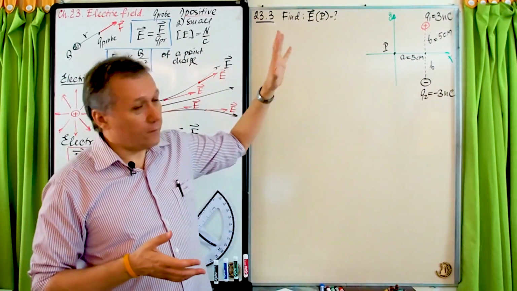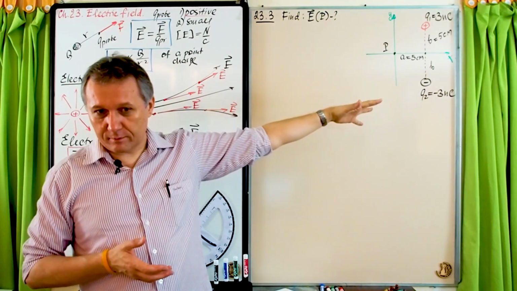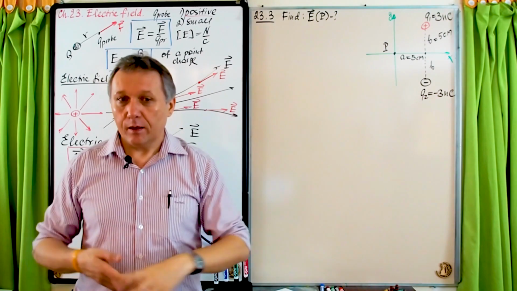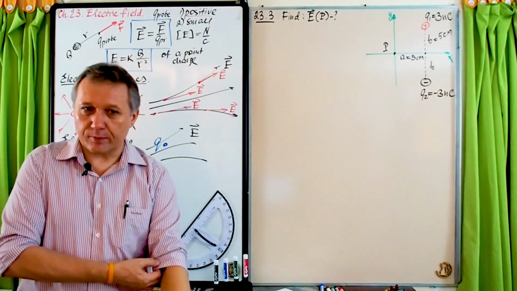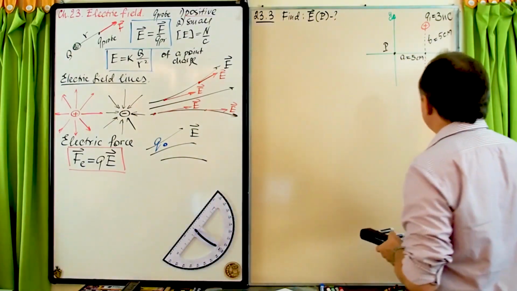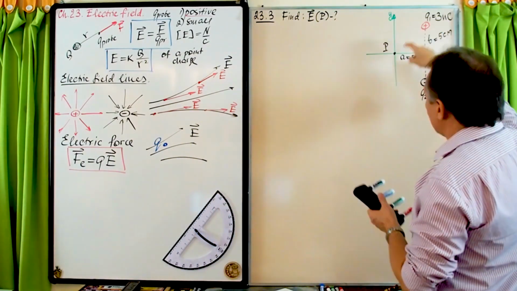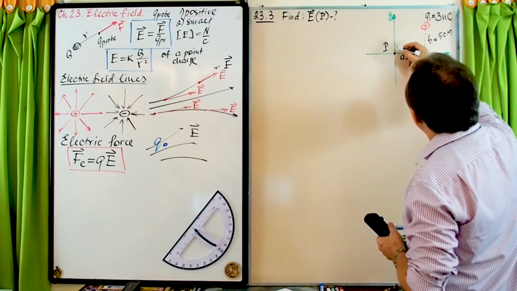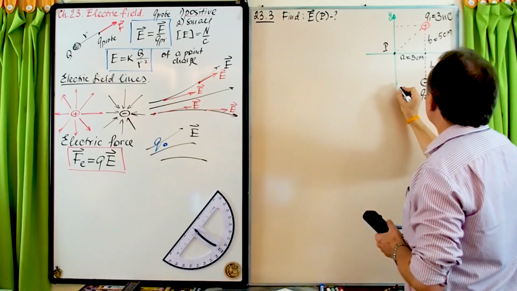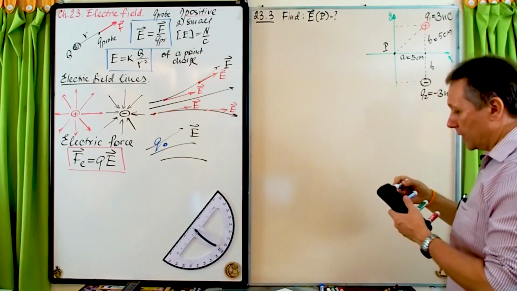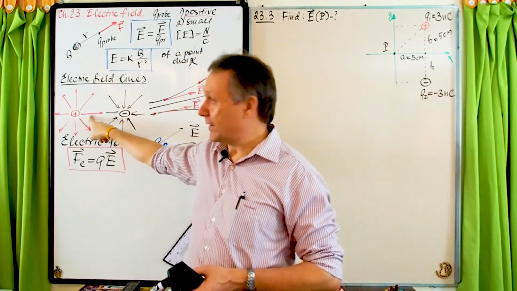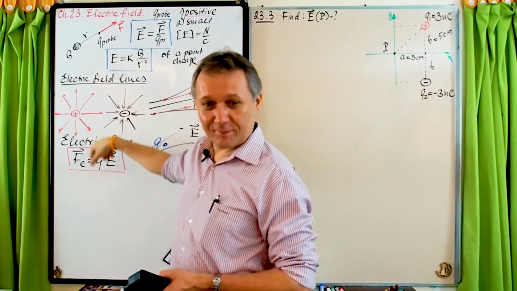So again, first I will draw the picture. Okay, complete the picture. I will just draw electric field vectors, and then we will follow the same procedure. Okay, I will tell that in a few minutes. So first, this charge. Okay, let me draw a couple of auxiliary lines first. This and this, right? Or maybe this as well, right? Okay, so now this charge, you remember, it creates electric field lines, right?